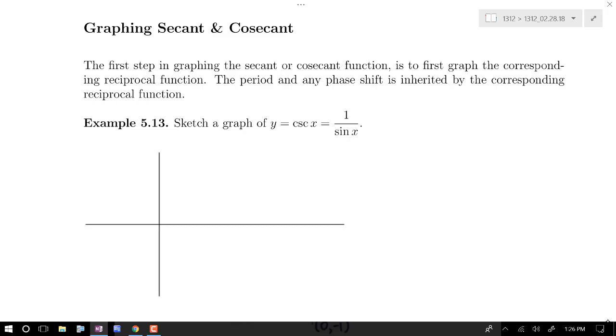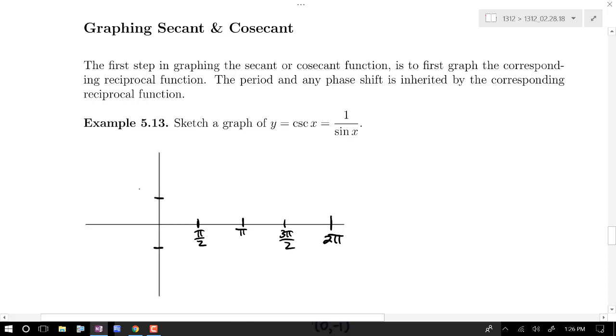So when we sketch this, I know it'll have a period of 2 pi, and I never sketch a cosecant function without first sketching the sine function. Let's sketch sine. We know how to do that. So we're cutting up the period into quarters. It goes up to 1 and down to negative 1.